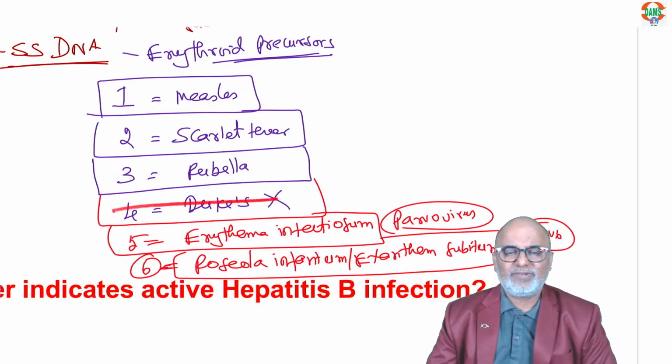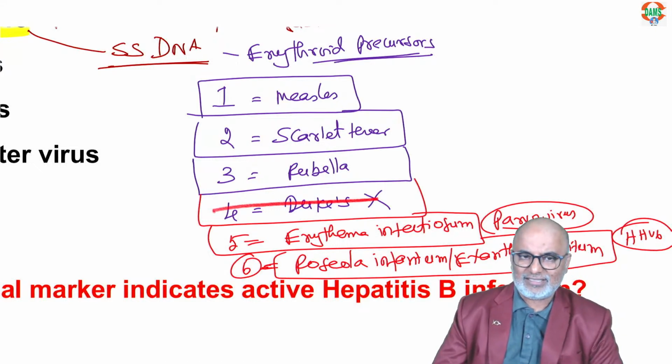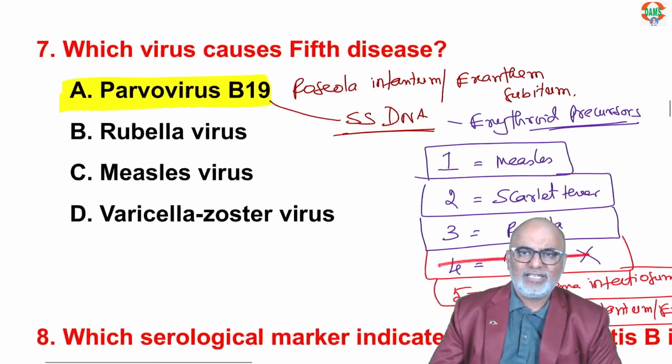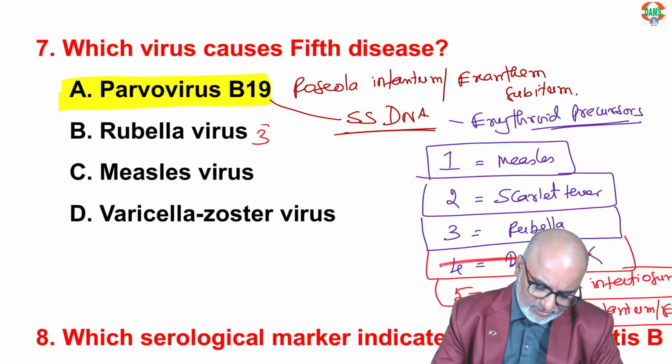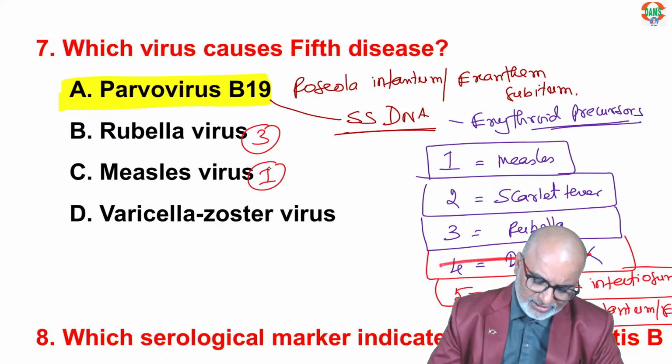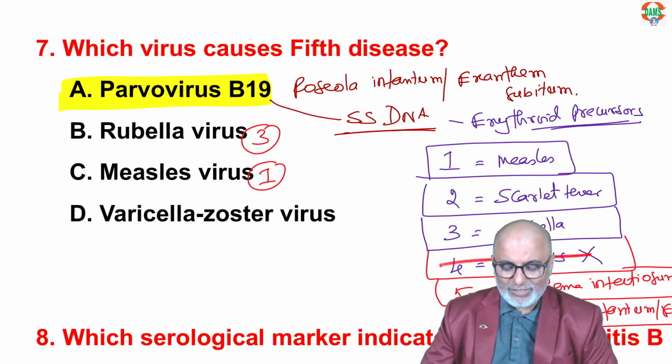Measles is caused by measles virus, rubella by rubella virus, don't worry. So these are the first 6 diseases. Here the question is fifth disease, parvovirus. Rubella causes third disease, measles causes first disease. Got it? No confusion with rash appearance. In measles, the rash appears on the 4th day.